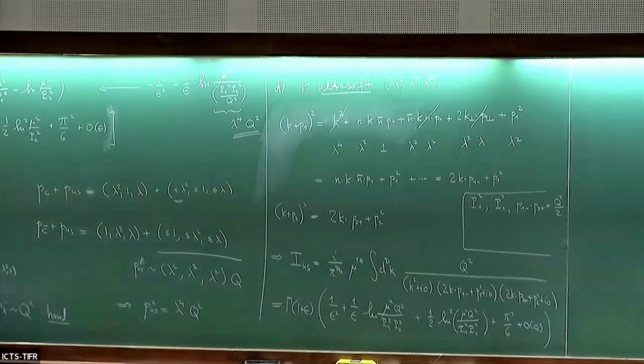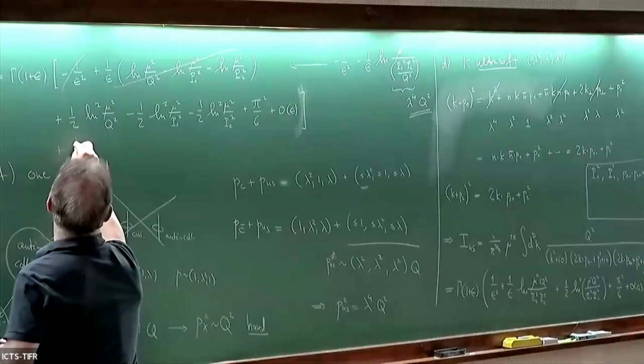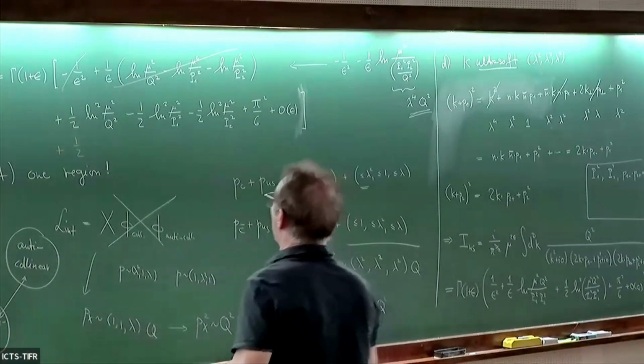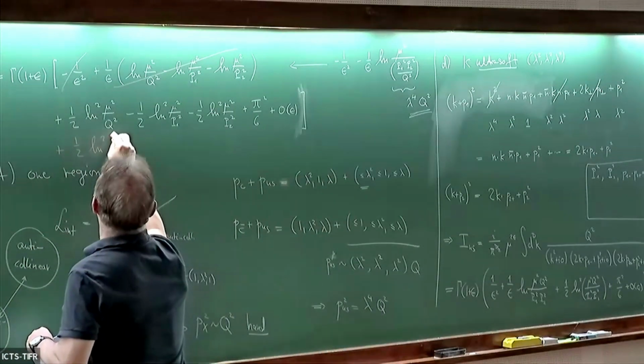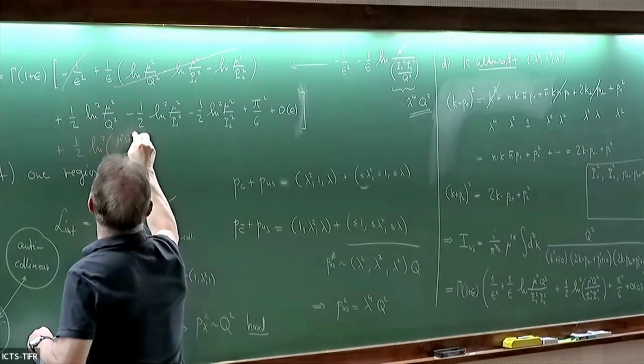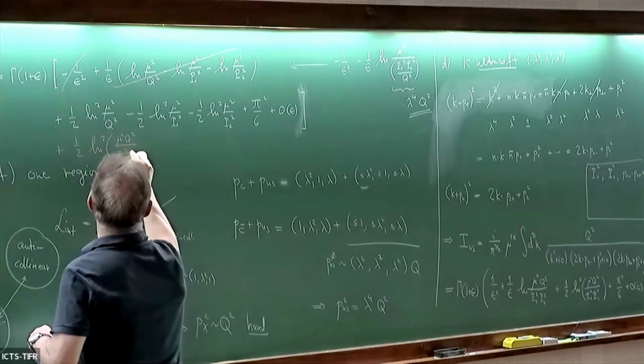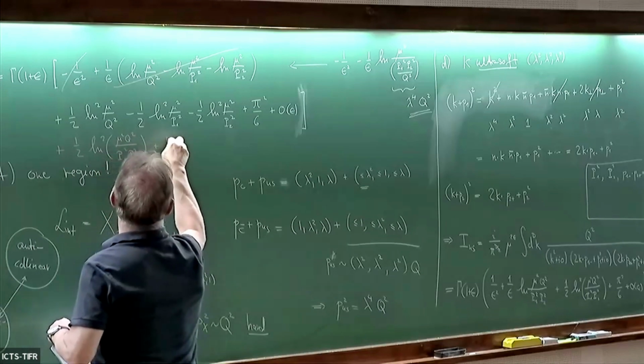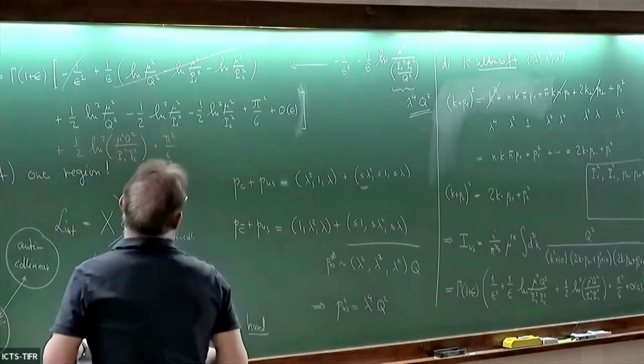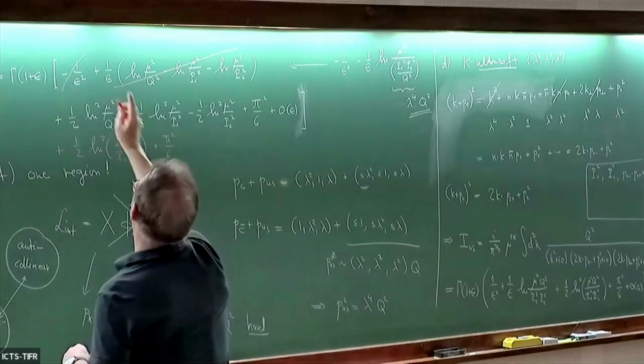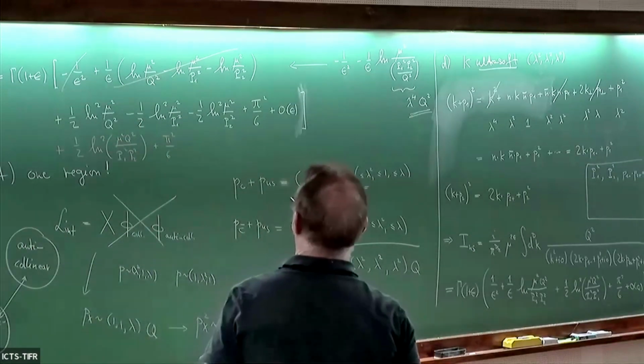So if you allow me to add the ultrasoft here, then the first term cancels out, the second term cancels out, and here we add an extra term, which is 1/2 log square mu square q square over p1 square p2 square, and also a pi square over 6. And then the order epsilon terms, now there are no poles, so we can set epsilon to 0.